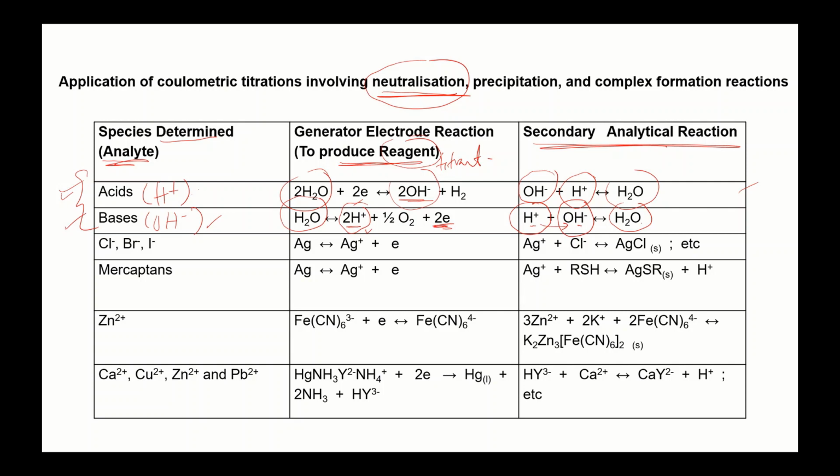So for precipitation reaction, for example, if you want to determine the amount of chloride, bromide, or iodide, or halide ions in your test solution, this is called the analyte, okay, unknown. So you need to use a reagent. Your reagent in this case is silver ion. So how do you produce this reagent?